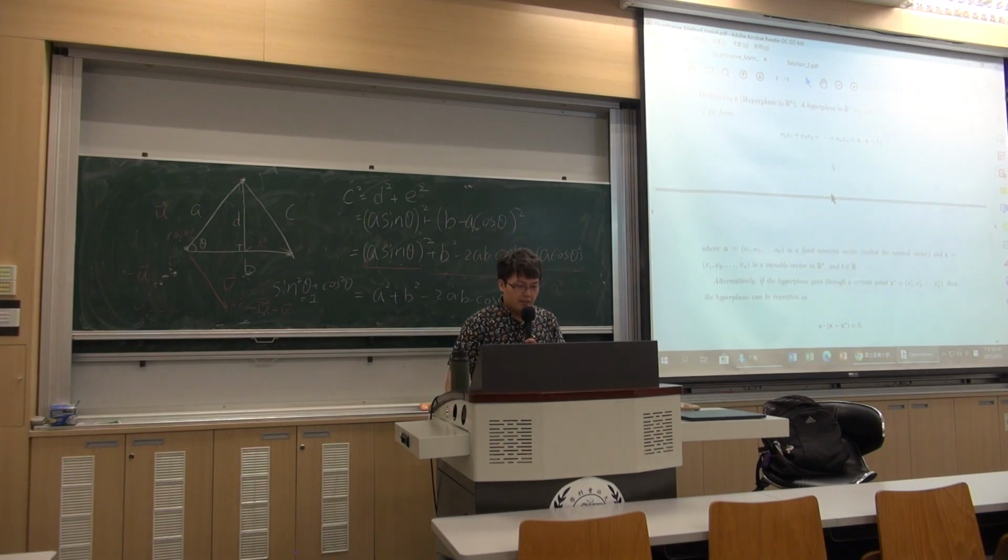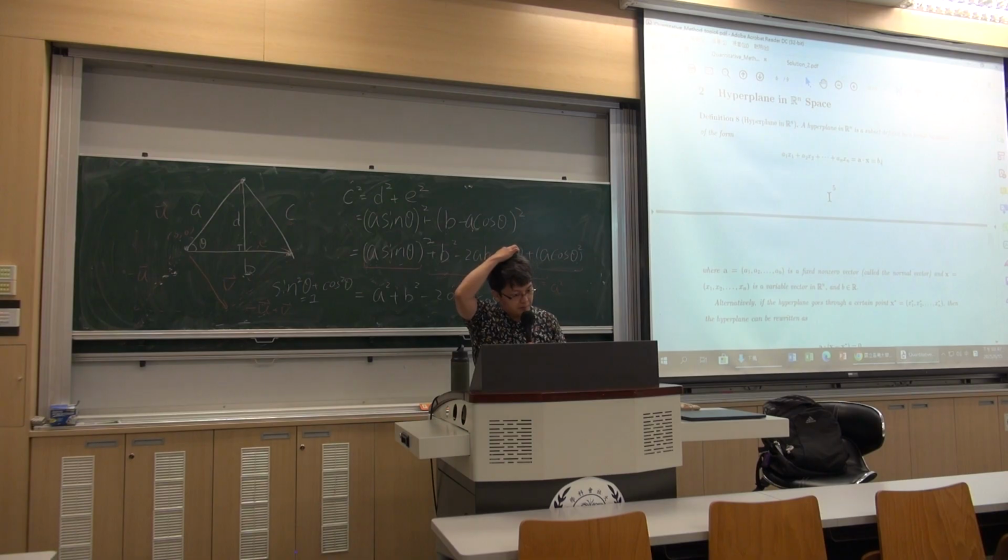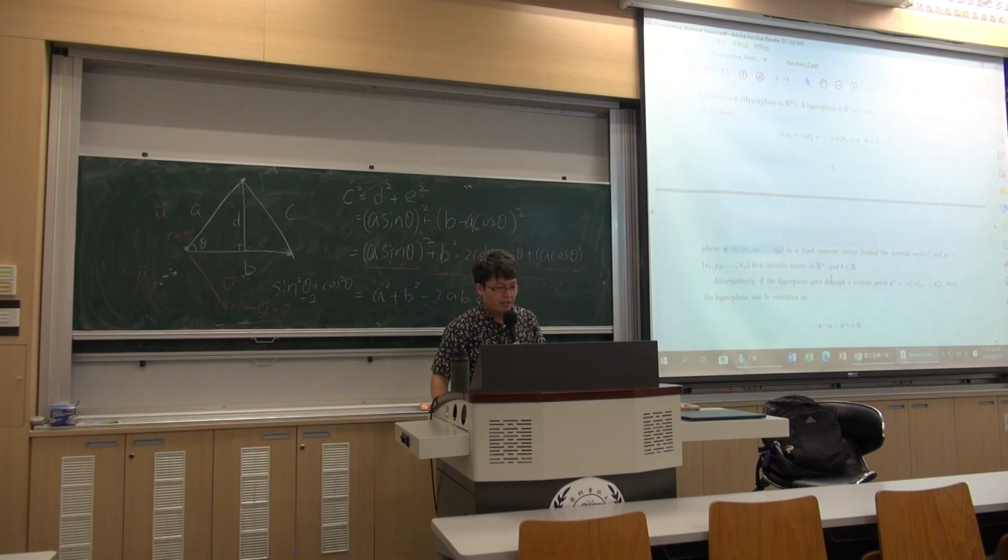So in this definition, what is given is a fixed non-zero vector A. This is given, and small b is given. What can be changed is the x.